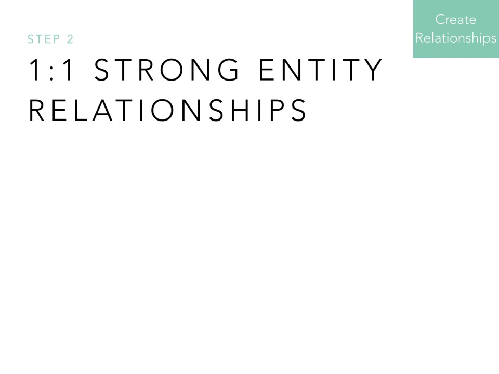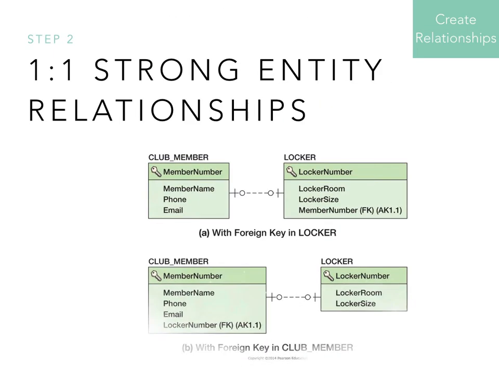One-to-one strong entity relationships, how do we do that? This is pretty simple. This is that club member locker example. We actually have an option in this case. If it's a one-to-one strong, we can put the foreign key on either side and both will work. It's not as if there's a parent and a child because they're equals in this relationship. If there are some minimum cardinality restrictions, like optional to mandatory, then that would make one design preferable to the other.